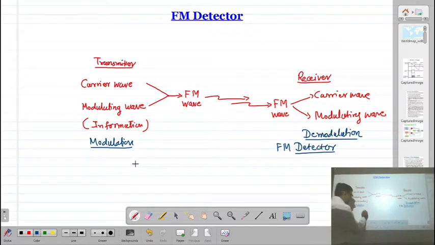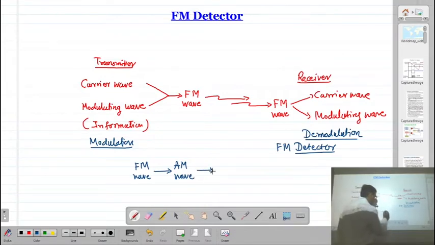First of all, the FM wave is converted into an AM wave. Remember. Then the AM wave is given to a circuit called an envelope detector. An envelope detector is nothing but an AM detector. Remember.